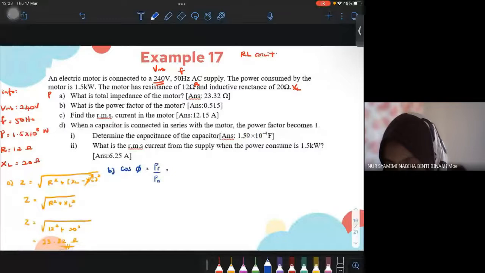So, real power is I_RMS squared R divided by I_RMS V, R divided by I_RMS V. V is V_RMS, R is V_R. Okay, can we use this formula?